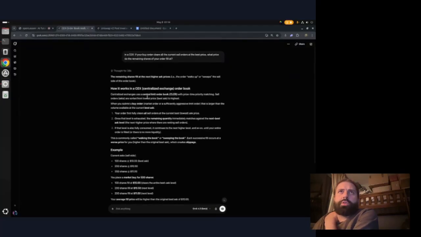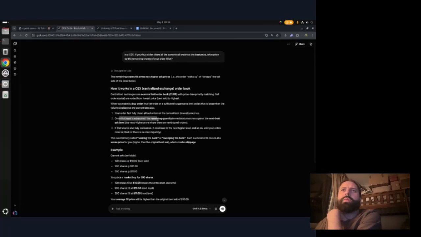So a centralized exchange is a central limit order book, CLOB, with price-time priority matching. Sell orders, asks, are sorted from lowest price to highest. When you submit an aggressive buy order for a larger volume than is available at the current best ask, your order first fully clears all sell orders at the current best lowest price.